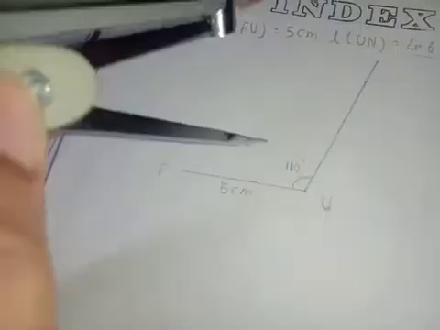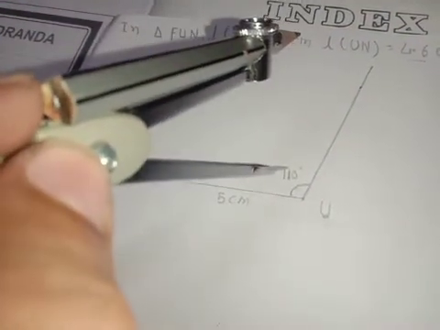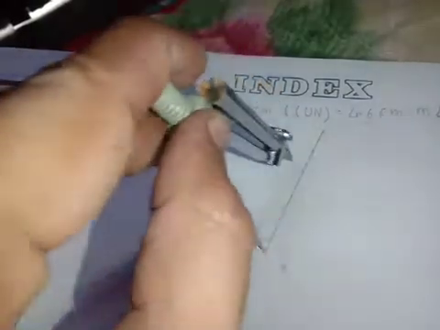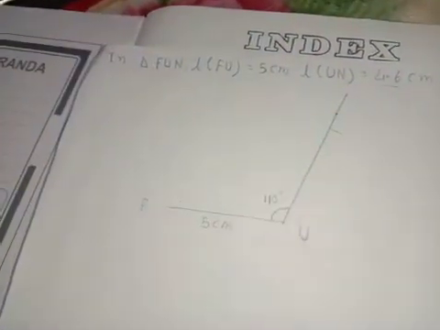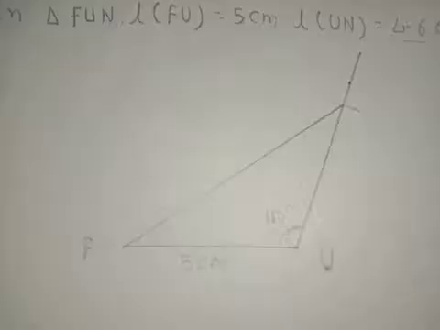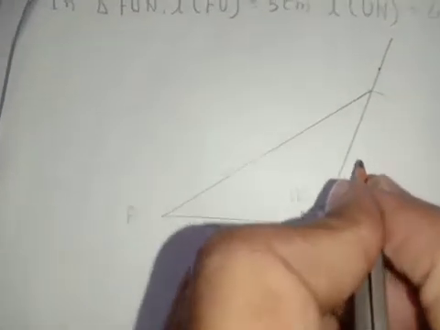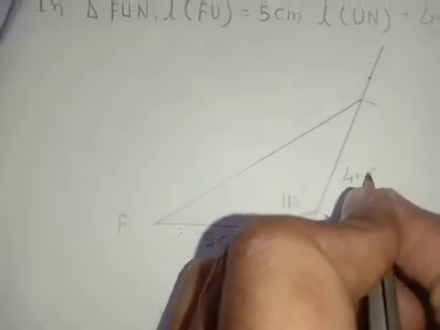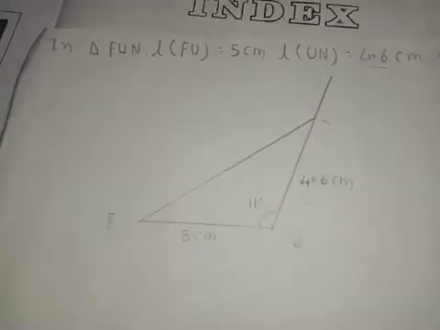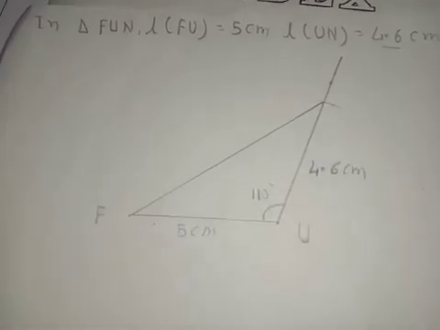Using this compass, let's measure UN as 4.6 cm and make an arc here, and connect this line to point F. This is our 4.6 cm. I hope you understand it.